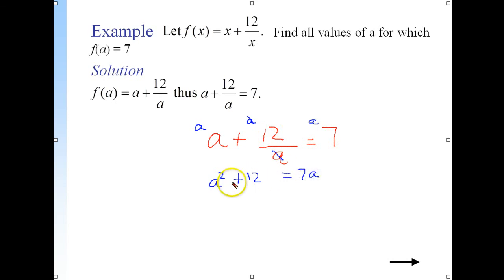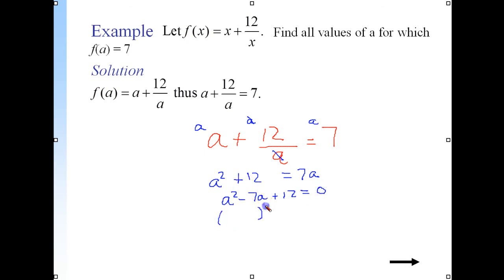But we have a quadratic equation. How do we solve quadratic equations? By putting it in standard form and factoring. So a squared minus, transpose that, 7a plus 12 equals 0.